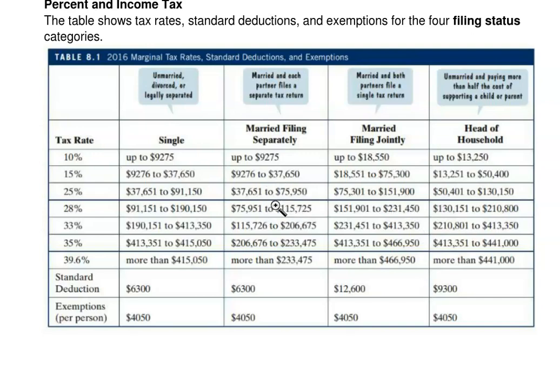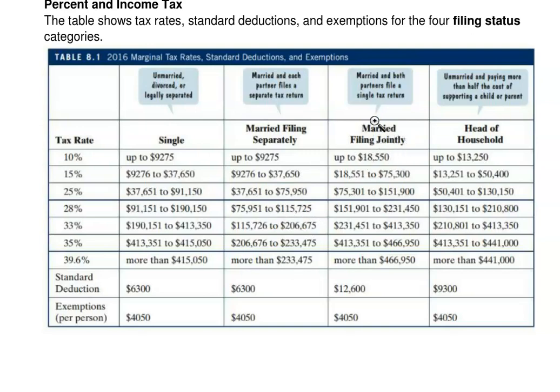And these groupings are your tax brackets, right? So if, as a married person filing separately, you make between $37,651 and $75,950, anything you make in that range is going to get taxed at 25%. But they're cutting you off at $75,950, right? And so on and so forth.